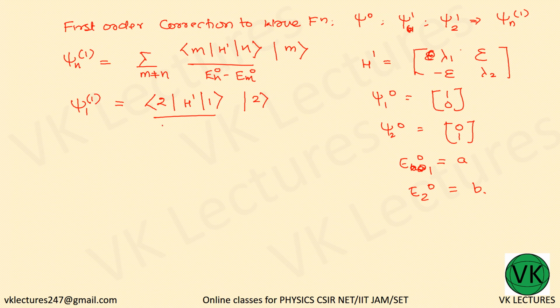Then divided by E1 naught minus E2 naught. 2 h dash 1 is the second row, first column, so it is minus E, divided by A minus B, into the second state, which is 0 1.